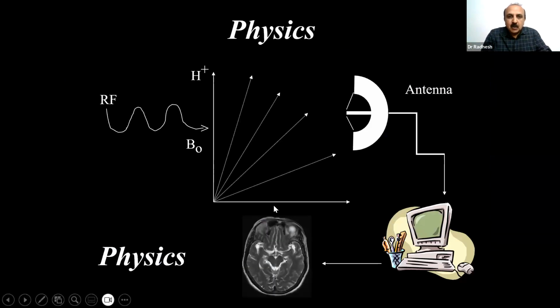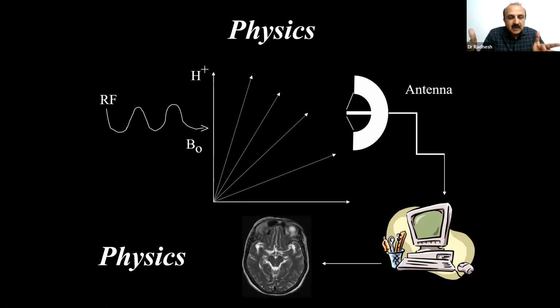If you take the human body, 90% of the human body is water. And what is water? Water is H2O, meaning you have hydrogen protons and you have oxygen.